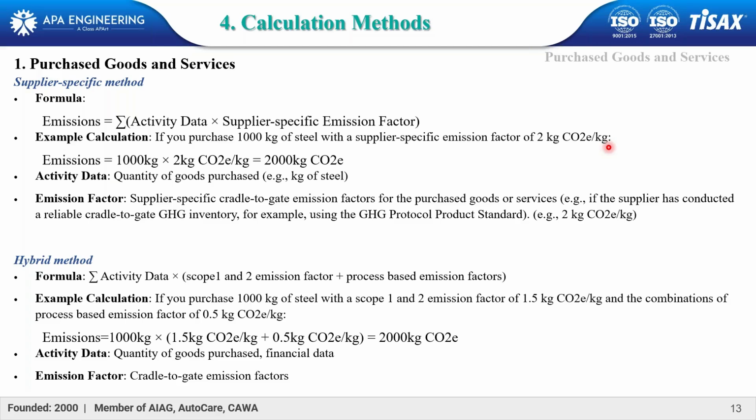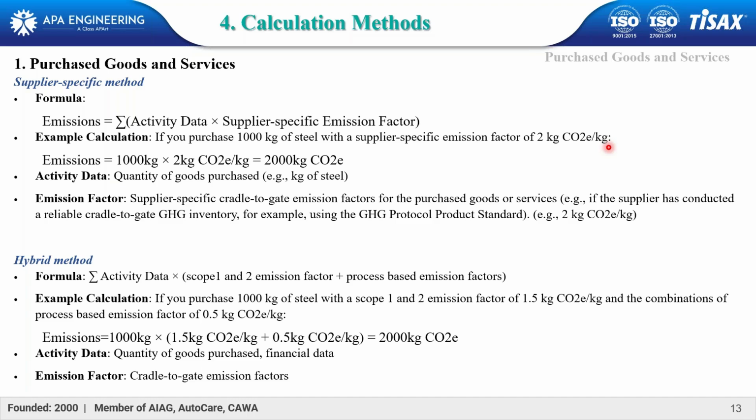Moving to the hybrid method, this combines the supplier-specific data with the process-based emissions. The formula would be the activity data multiplied by the available scope 1 and 2 emission factor of the company which produces the steel, and also the process-based emission factors, which include transportation and other activities that the company may be involved in.